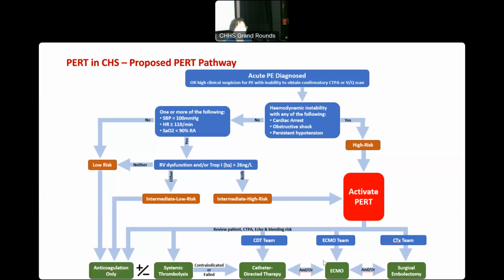Now also always think about ECMO. We use groins. We need the groins, similar to ECMO. And ECMO can be a bridge to recovery, a bridge to intervention as well. It's possible that we actually make the patient meet ECMO criteria. We put on ECMO before we send to IR for the catheter-directed therapy. So this will be combined, all the senior staff in the PERT team, to make that rapid decision.